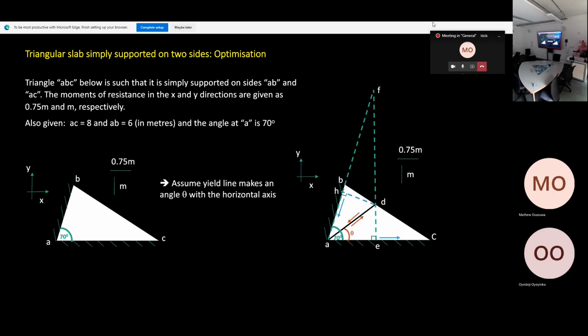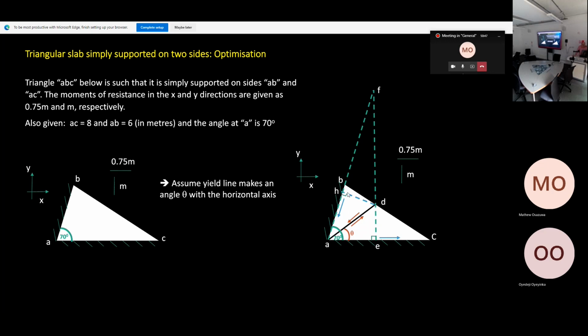Now I did some geometry here, because when I work out the rotations, I will need the perpendicular distance. I've extended this line here, and I've extended this line there, which passes through this point.